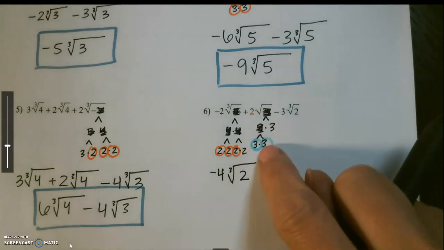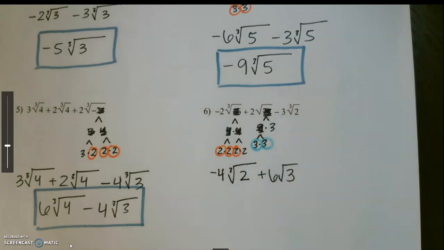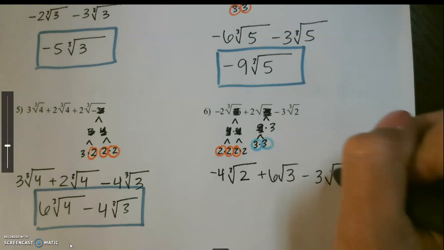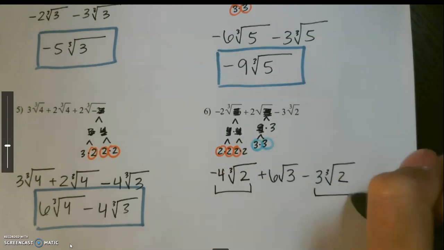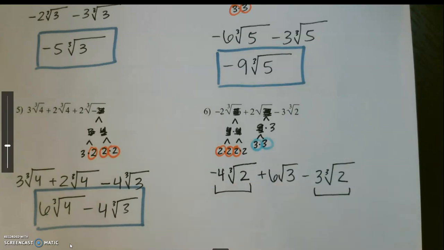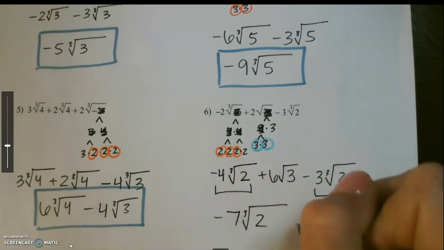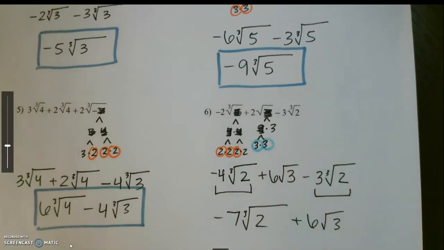So let's see, 2 times 3 would give us 6, and we would have a rad 3 left underneath. I'm just going to bring this term down. I could combine those terms. Those terms are like, so -4 minus 3. And that would be our final answer.